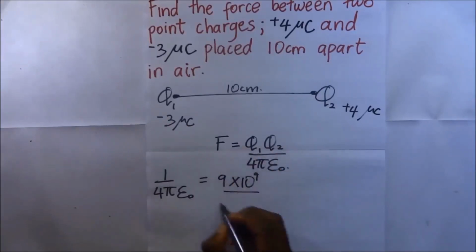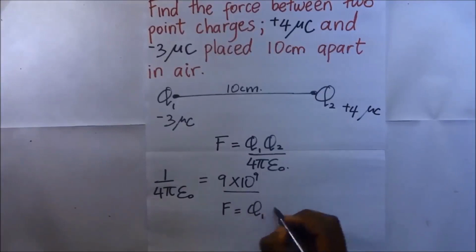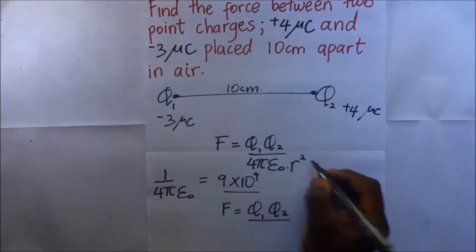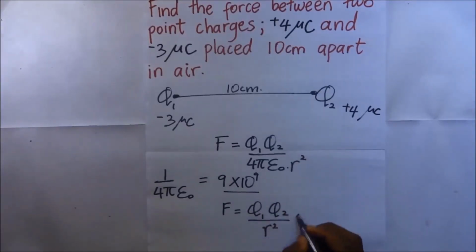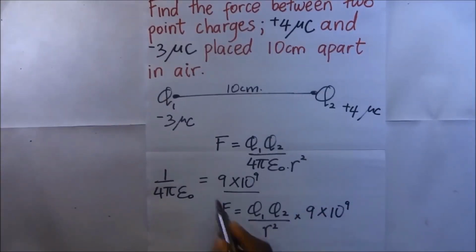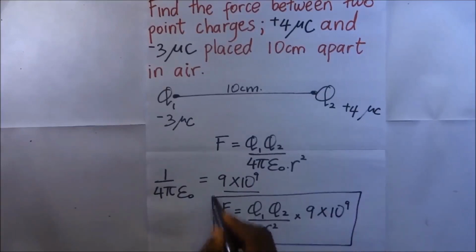So our formula F is going to be equal to Q1 Q2 over R squared, multiplied by 9 times 10 to the power 9. This is the formula we're going to use.